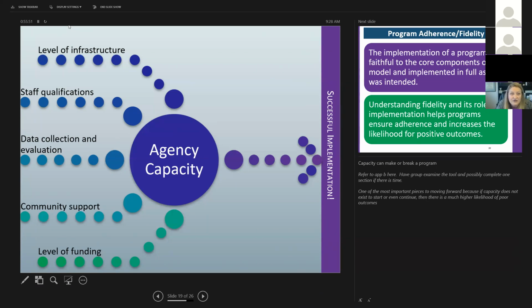Once they dove into it, it's because they originally hired a woman to run the fatherhood program. And the fathers in the community just didn't have the respect for her in terms of telling them how to be fathers, right? Once they made a staffing change and brought in a father from within the tribal community to run the fatherhood program, all of a sudden their attendance is through the roof. They've got dads coming out of the woodwork. It was just that real piece that made the difference within the community.